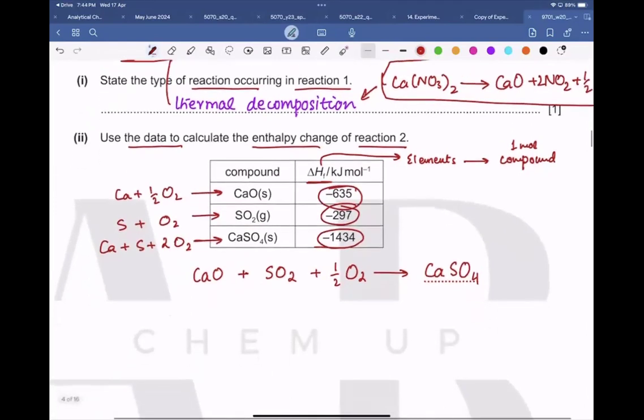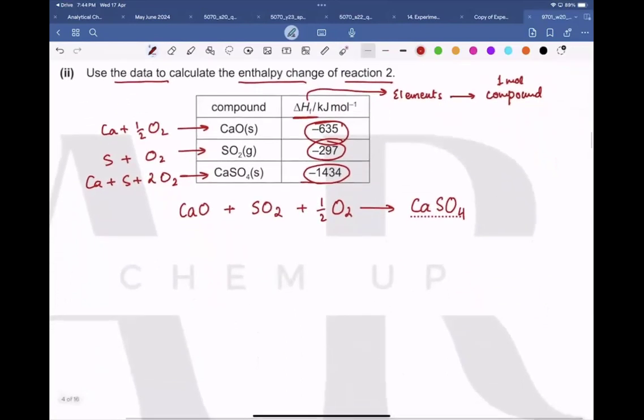Now, how can I make the Hess cycle? Yes, Banin, your answer is correct. What I have to do is write these elements over here.